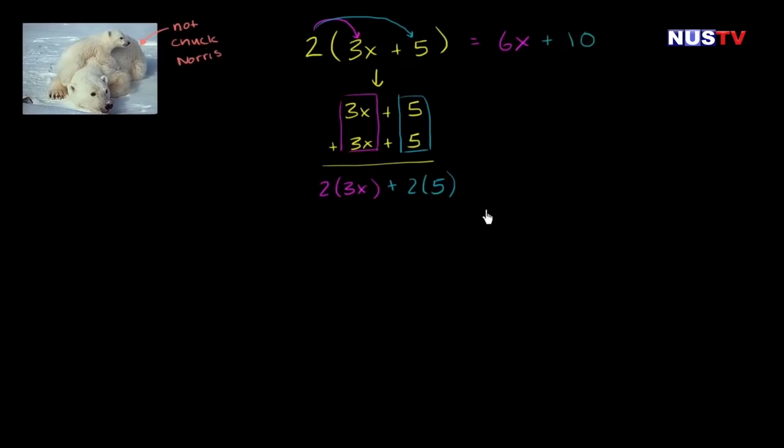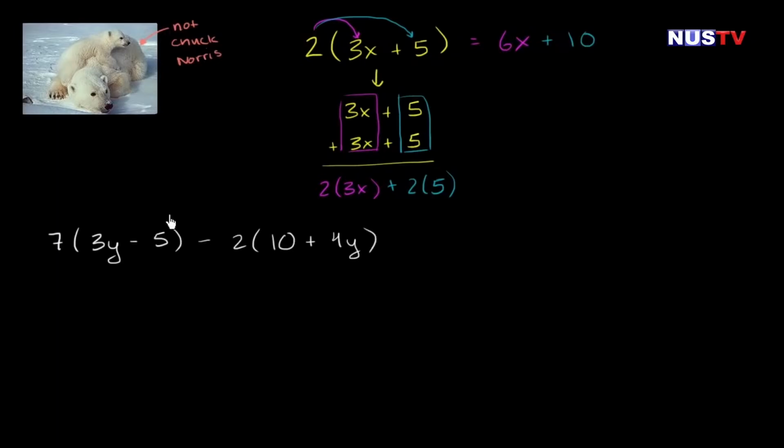Now let's try something that's a little bit more involved, but once again, really just things that you already know. Let's say that I had 7 times 3y minus 5 minus 2 times 10 plus 4y. Let's see if we can simplify this.